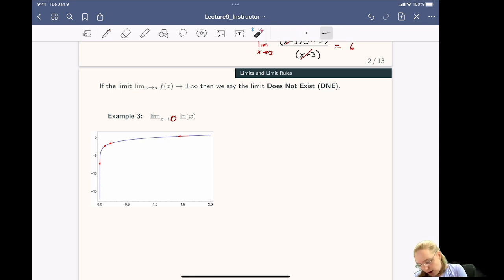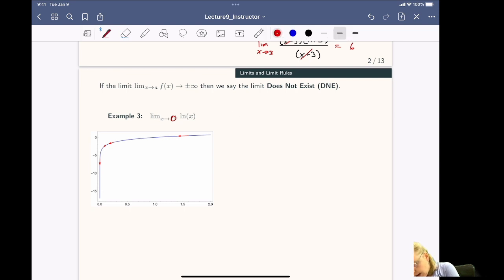So let's look at the plot. As we move over here to the left, the value of the natural log of x drops and drops and approaches minus infinity. Now, note that you can't actually set something equal to minus infinity. Nothing ever exactly equals minus infinity.